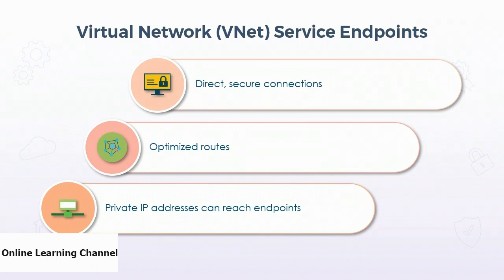For a VNet to reach the endpoint of an Azure service without needing a public IP address, it needs this private IP address. This allows us to make sure that all our critical resources are only accessed through our virtual network. So we're expanding that and bringing these resources into the virtual network. That way, no traffic that doesn't originate from our virtual network can hit these service endpoints.